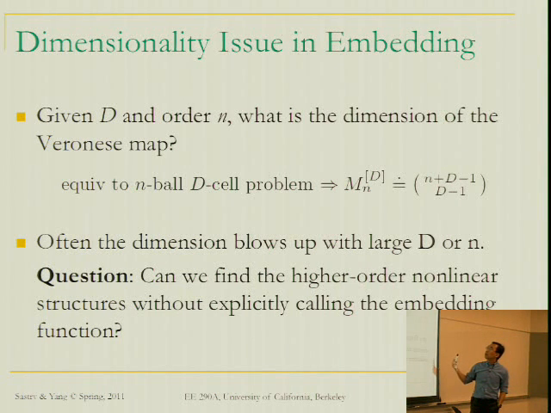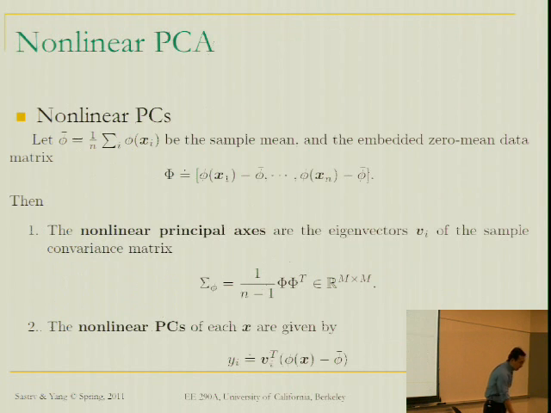Which means, can we apply PCA on some structure of the data without specifically constructing the high dimensional data, without spending resources to store and call the embedding function? That is the topic for the next algorithm called nonlinear PCA. I think we can probably stop here today. Okay. Thank you very much.